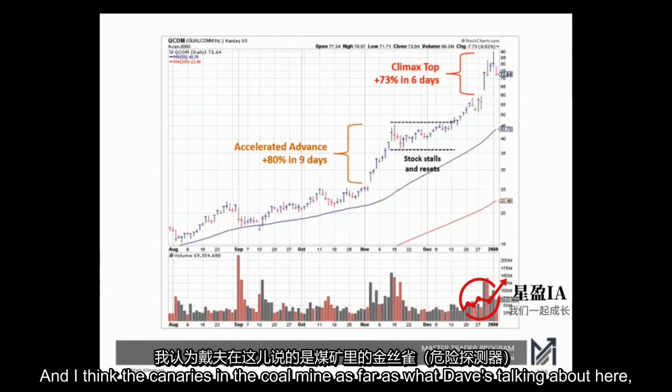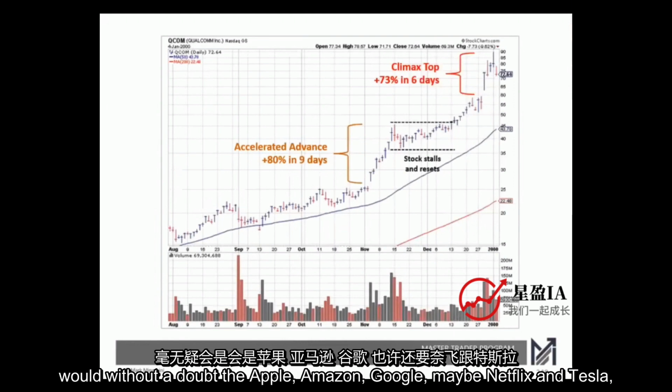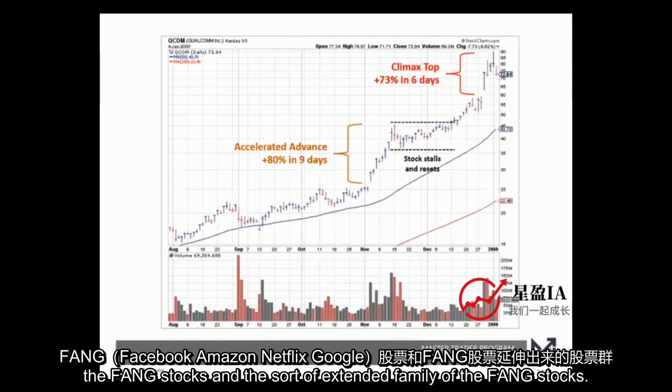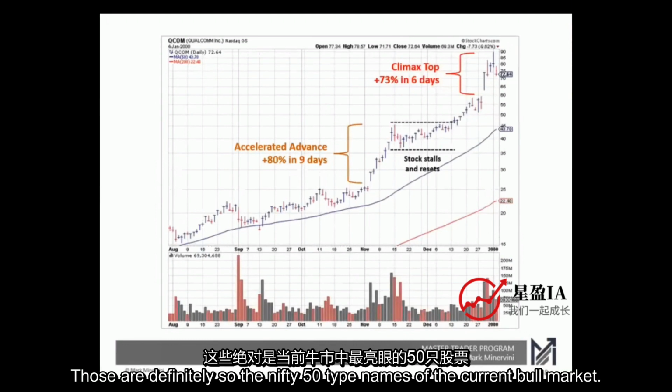And I think the canaries in the coal mine, as far as what David's talking about here, would without a doubt be Apple, Amazon, Google, maybe Netflix, and Tesla. The FANG stocks, of course, and the extended family of the FANG stocks. Those are definitely the Nifty Fifty type names of the current bull market.